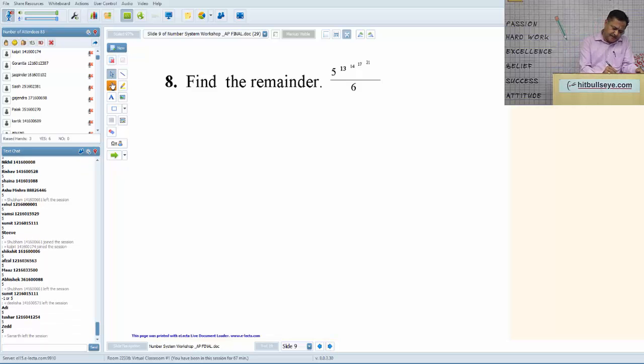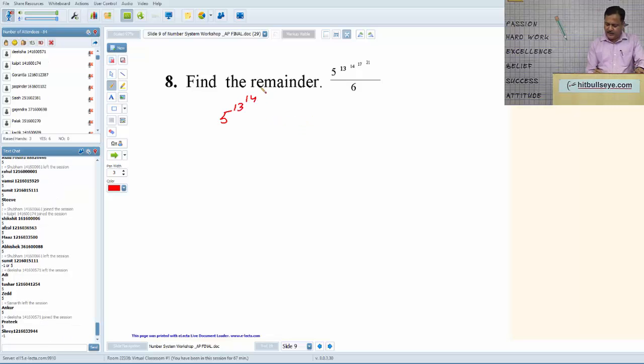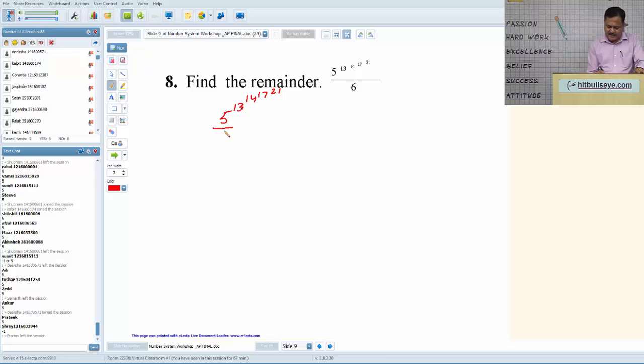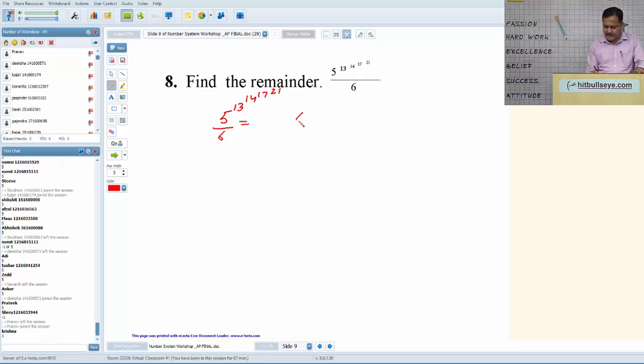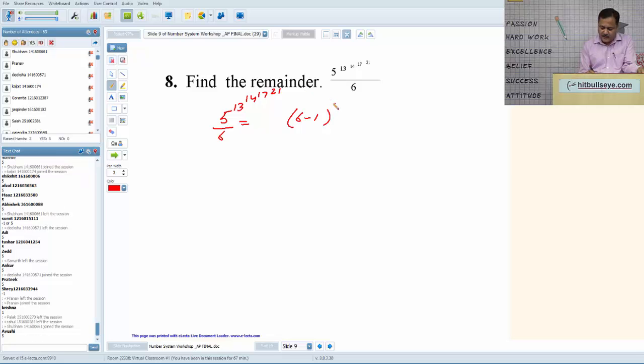So for this question, 5 raised to power 13, raised to power 14, raised to power 17, raised to power 21, divided by 6. Now 5 can be written as 6 minus 1. Now the power is 13 raised to power 14 raised to power 17 raised to power 21. 13 is an odd number, so 13 raised to power anything will always be odd.